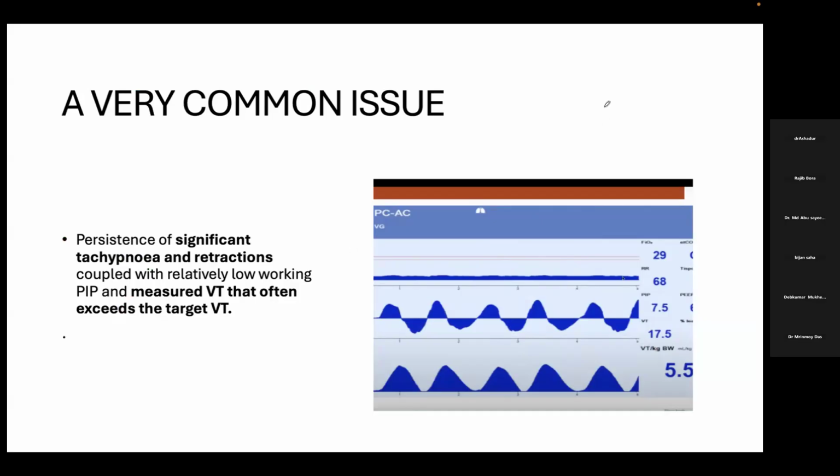And same picture, if we find that the patient is completely comfortable, then probably in a volume guarantee, volume targeted ventilation, we know that there is auto weaning happening. The patient is not requiring enough pressures to give this amount of volume. So we know that the patient is ready to extubate. So the same picture in different clinical circumstances can mean different things. So graphs are not the only thing. Definitely we need to look at the whole picture.